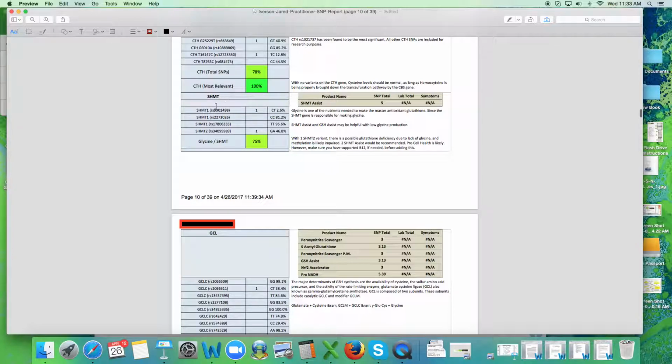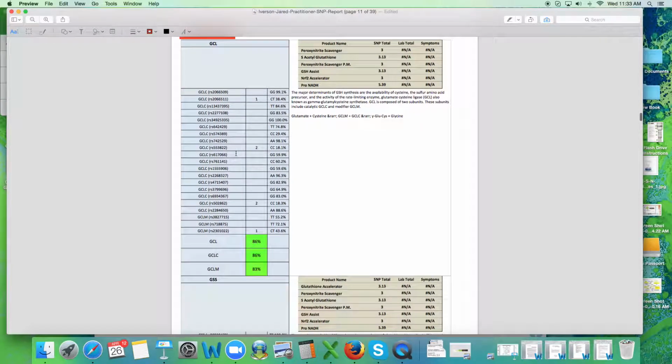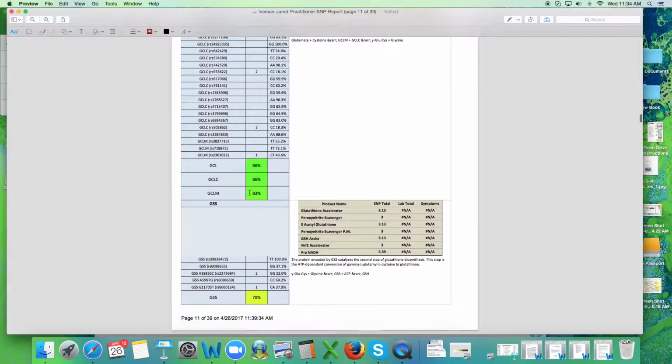SHMT genes in this glutathione pathway, this person doesn't really have a big problem there either, even though this top one and this bottom one are more important, you could say. But still, maybe I wouldn't jump on the glutathione support pathway with him, because you can see his other genes, the GCL genes, are really in pretty good shape.